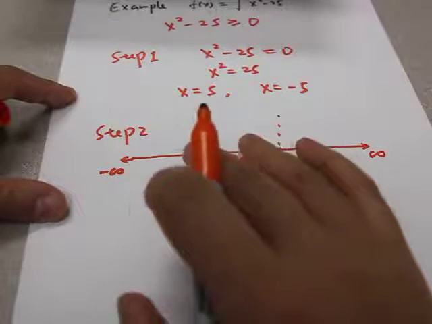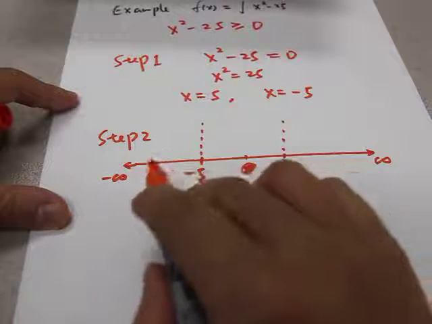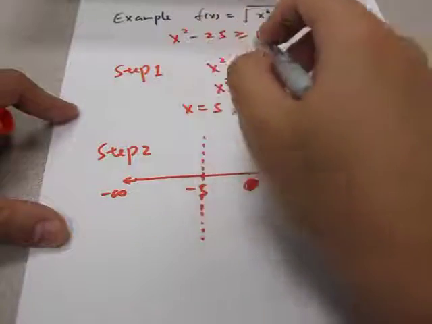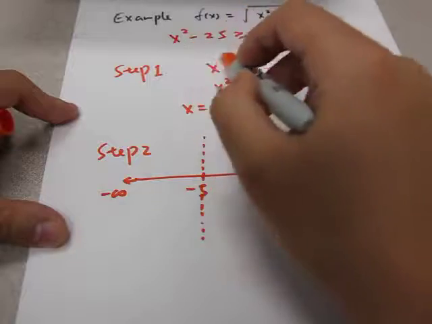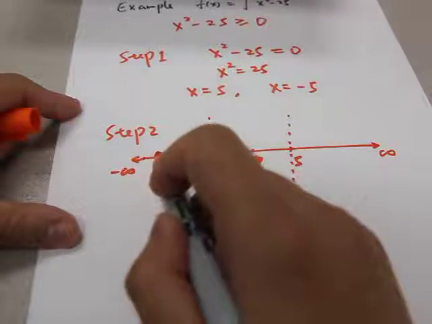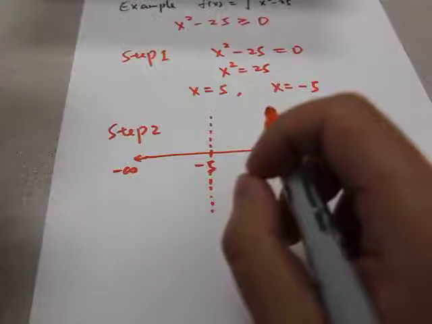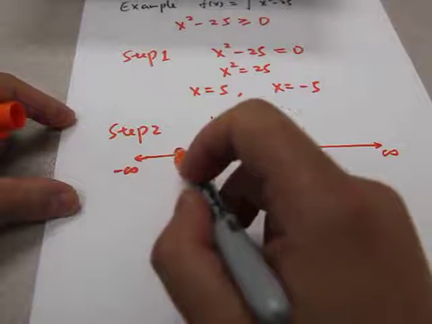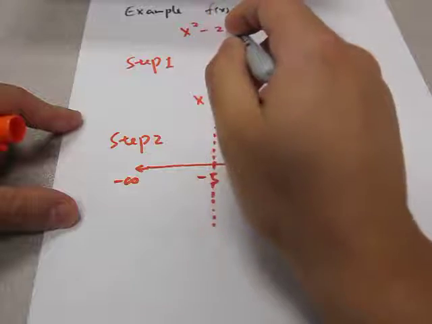Then we just need to determine in which interval do we have the numbers that will satisfy this inequality. And how to do this? So the method is for each interval, we choose a random number, and then we plug in that random number into this expression x squared minus 25.